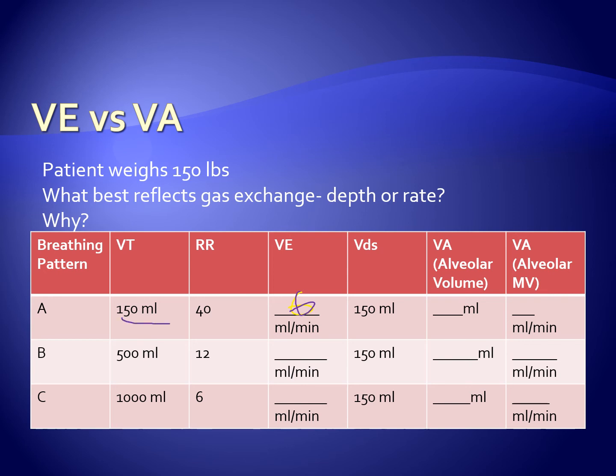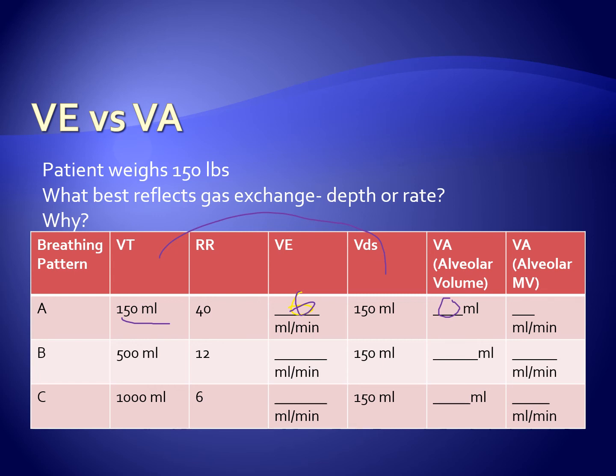Their tidal volume is 150, so 150 minus their 150 of dead space. So we take their tidal volume minus their dead space, and their alveolar volume is 0. So how much gas exchange is this shallow, rapid breathing patient doing? No gas exchange. They're not exchanging CO2 and O2 with their bloodstream.